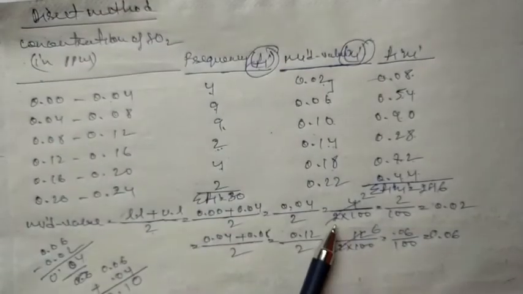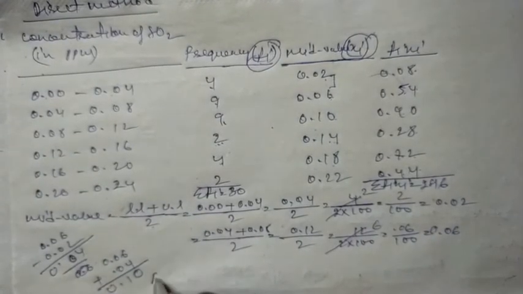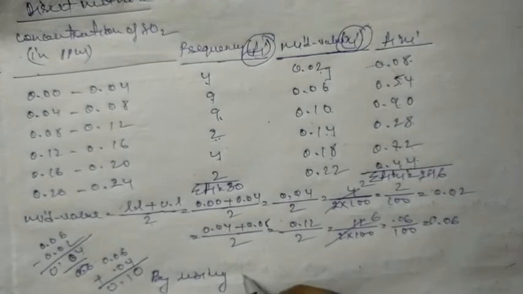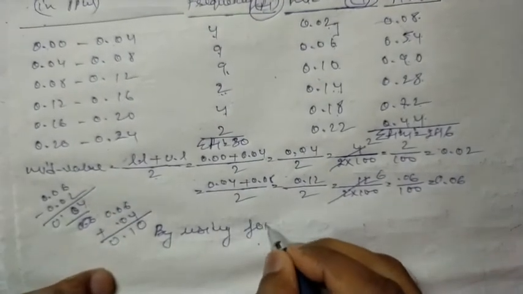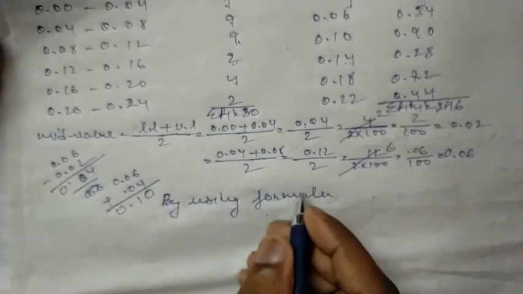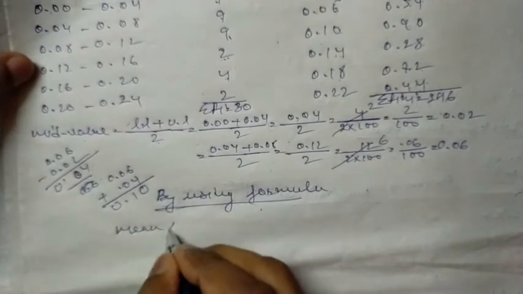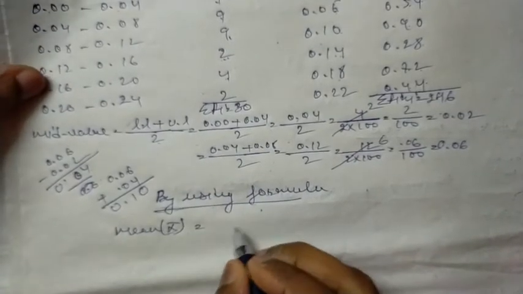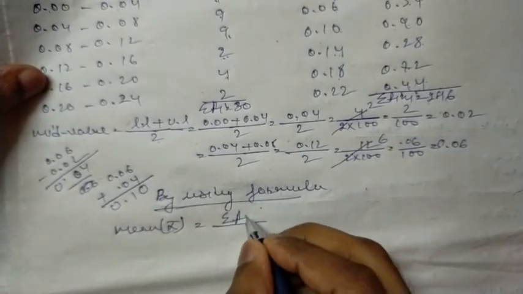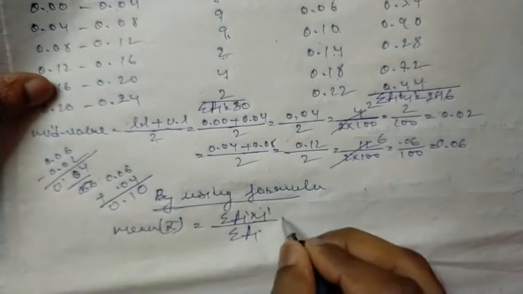Now by using the formula, mean is sigma fi xi divided by sigma fi, right?